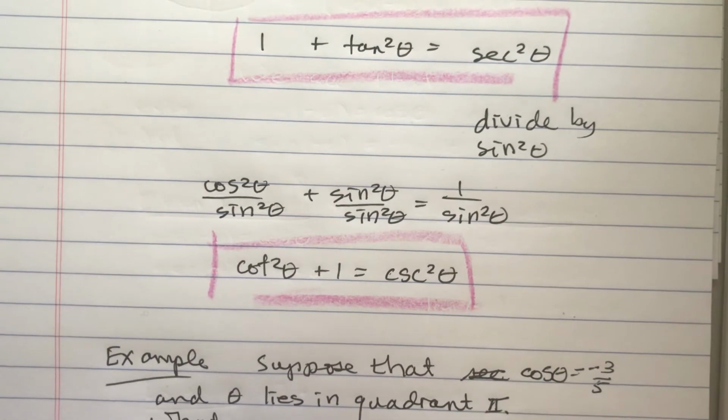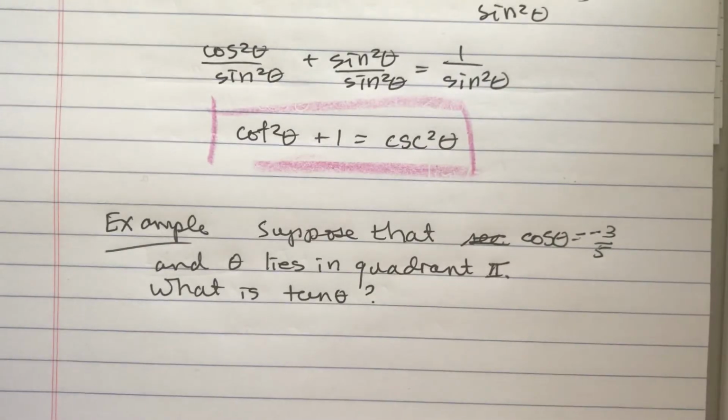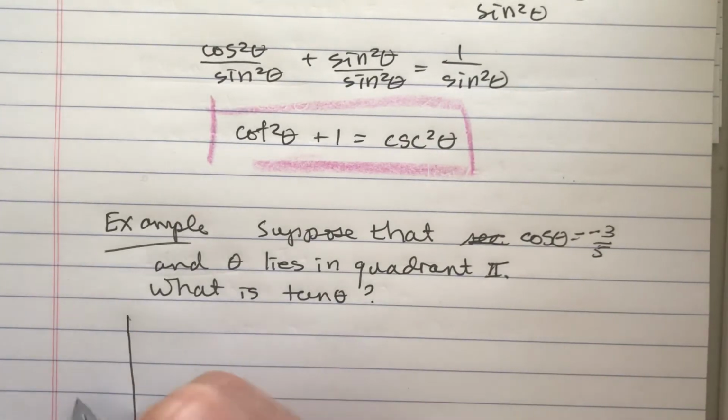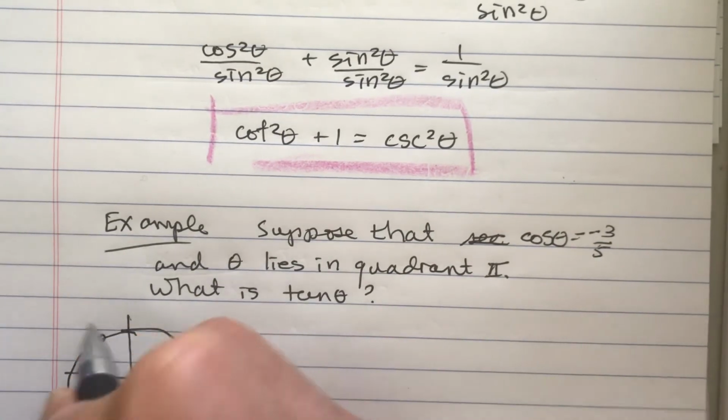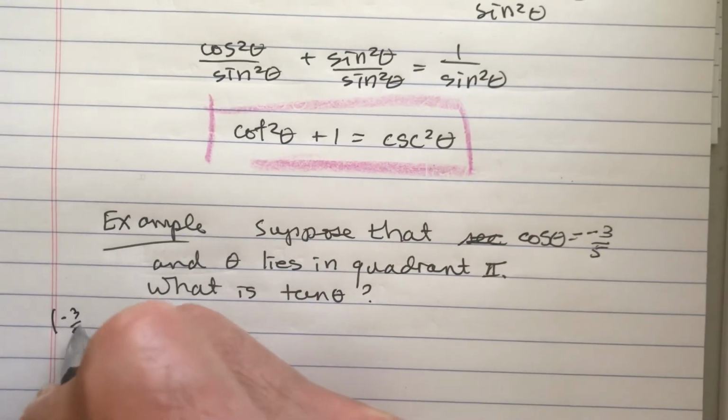What is tangent theta? Okay, so what I'm going to do is first of all draw a picture, which is not really entirely necessary, but I'm going to do that anyway. So I have negative 3/5 here.